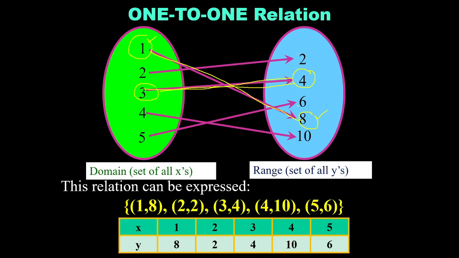It depends upon the given in my question. I'm presenting all of this so you'll have a clue. Oh, okay, this can be written as a set of ordered pairs. This can be written also as a table of values. Now, let's examine the values of the x's. The domain. What's the domain here, class?